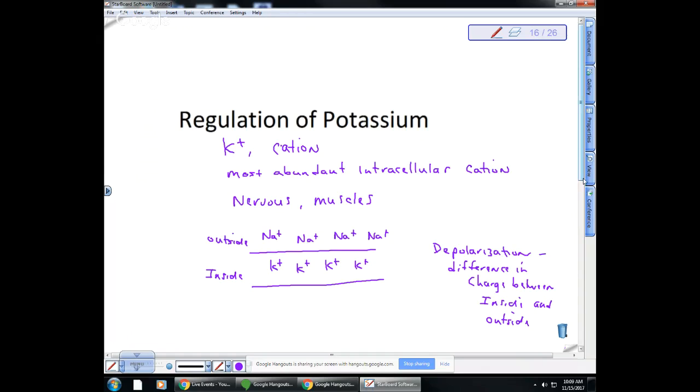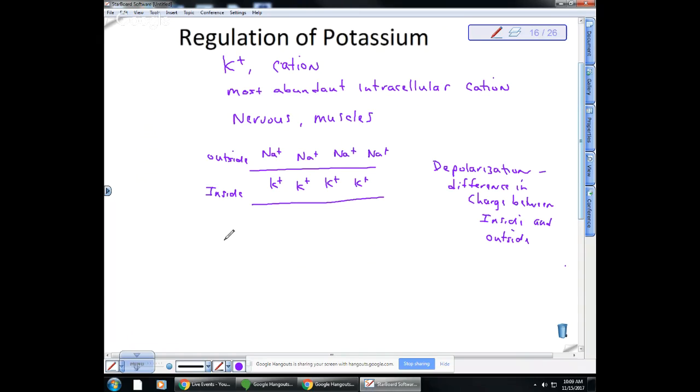So if we look at what happens when we have too much potassium, so we would say that we are hyperkalemic, and that's with a K. This is where you have too much potassium on the outside. So sometimes this happens if your kidney is not functioning properly, because you remember that the kidney helps to reabsorb or also to secrete potassium.